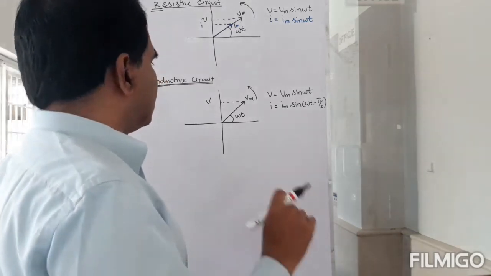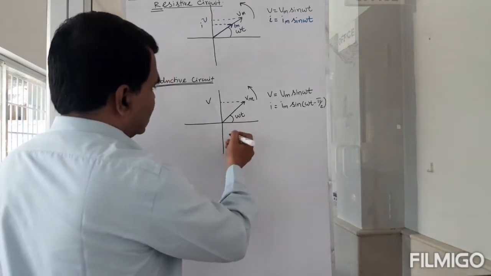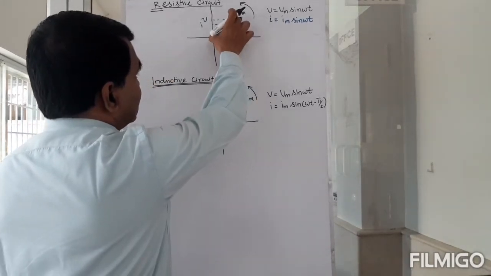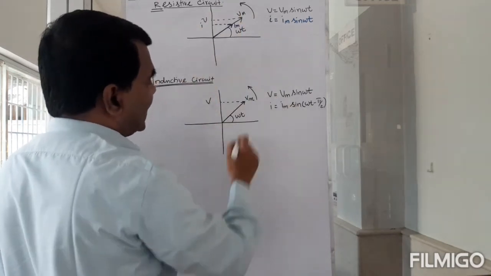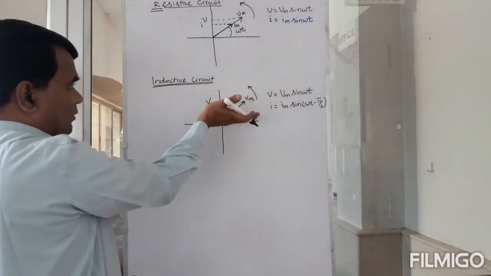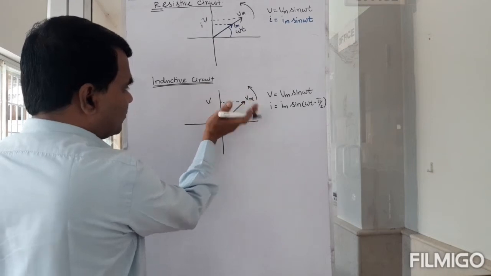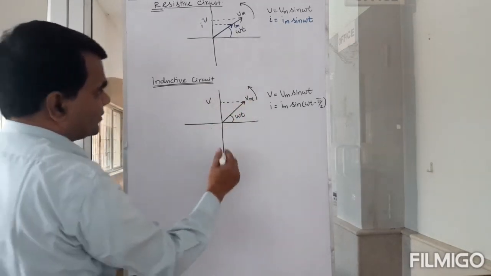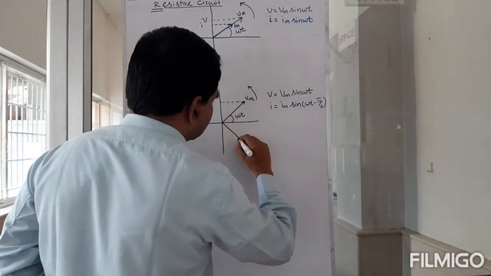Okay, so this current now is not hand in hand with this, but it is going to lag this by 90 degrees. So the rotational direction is this. The voltage must come first and the current will come next. And then the difference between them is 90 degrees.